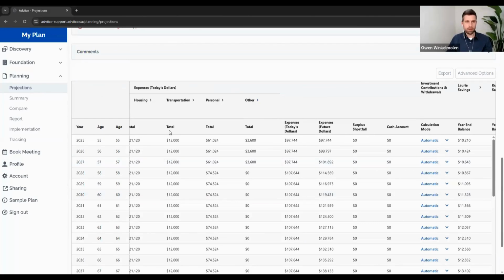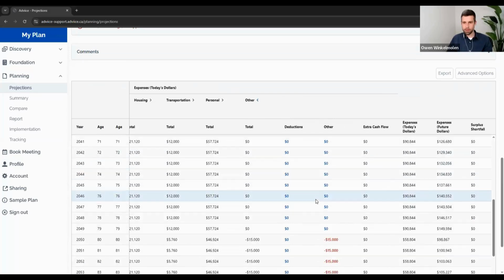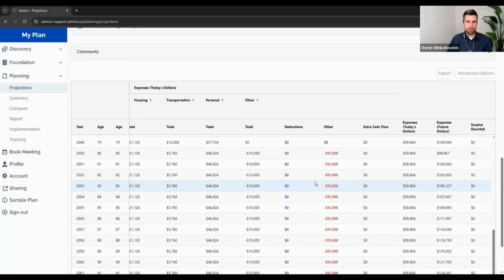Yeah, so we want to come down here to the table. What you can do is usually we'd recommend just doing it in other expenses, and you can add a negative. So if you open up the other expenses using the arrow, any of these values in blue can be overridden, and you can just add a negative spending adjustment. So this will reduce the total spending.